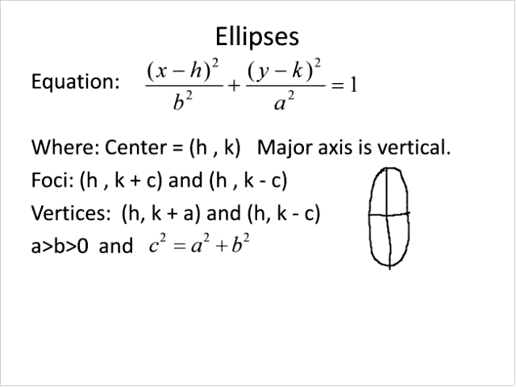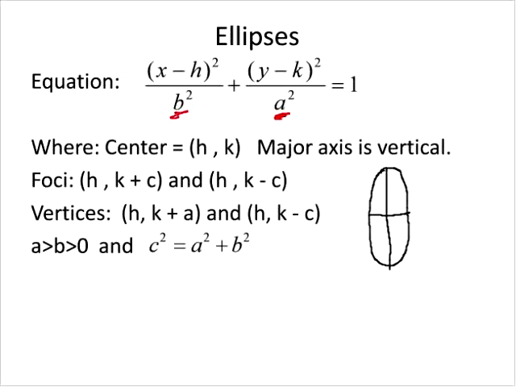The only difference between the two is that the b and the a have changed position. If the larger number is under the y squared, the major axis will be vertical, so it will go up and down. If the larger number is under the x, it will go side to side. So here's the foci and the vertices.